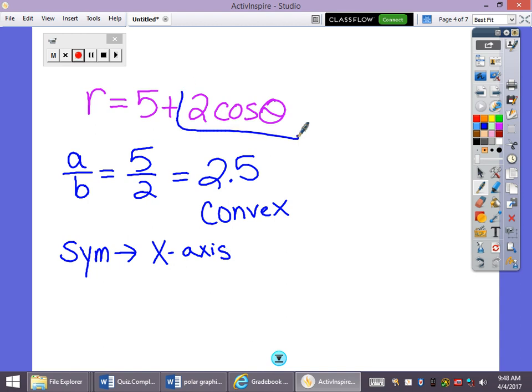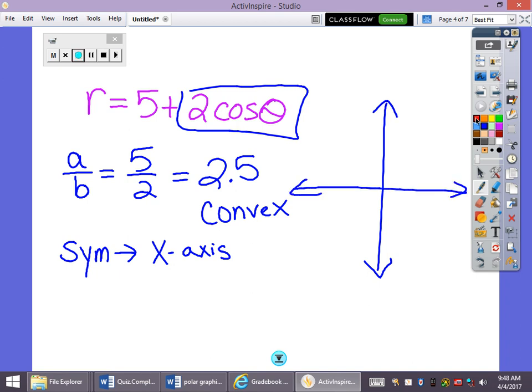So if this were replaced with 0, it would leave me with the number 5, which means on the y-axis, or the 90 to 270, I'm going to mark 5 on both axes. No, 5 is the distance on the y-axis. It's not necessarily the radius, because it's not a perfect circle.